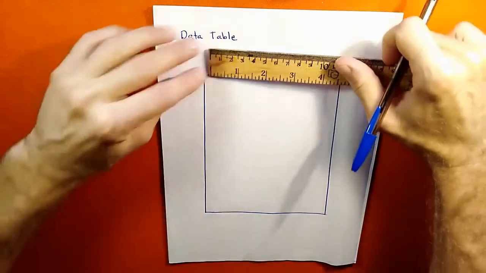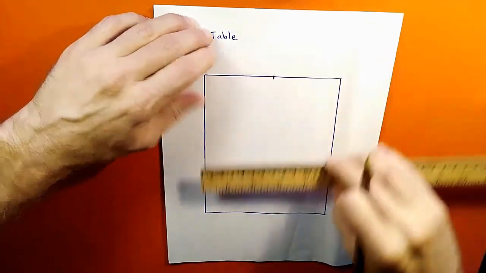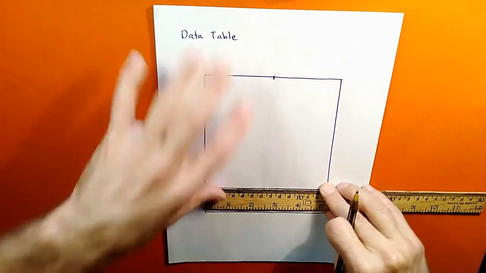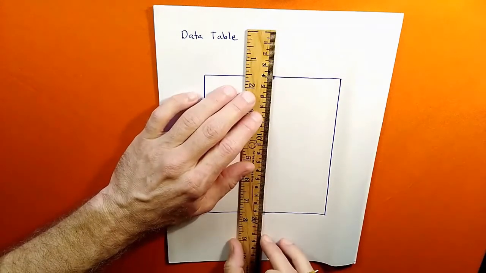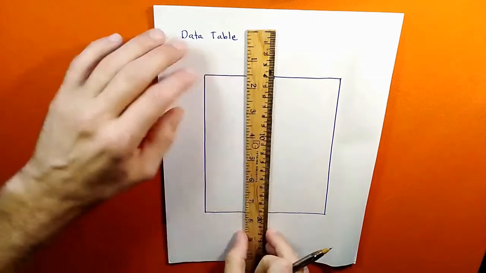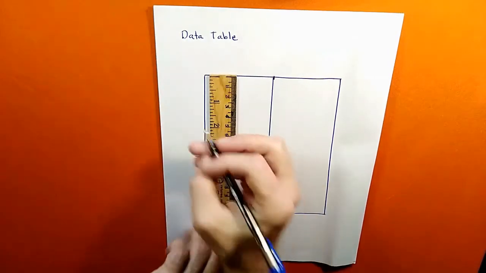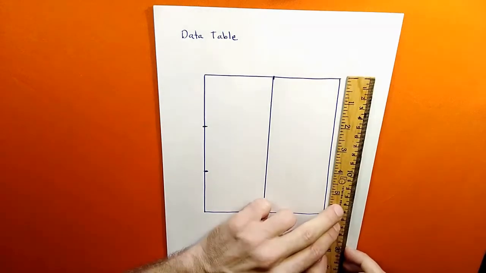And then let's mark off halfway, 2.5 inches. 2.5 inches. And I'm going to complete this. And then I'm going to mark off every 2 inches.